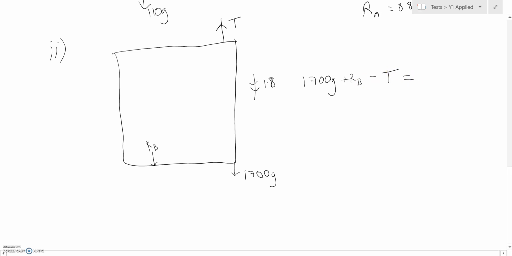And that's all equal to 1,700 mass times acceleration. We know what T was. T was 16,000, so you can sub that in at this stage.